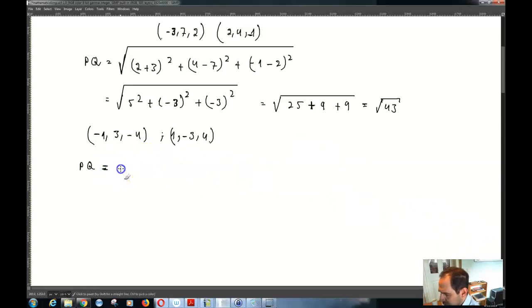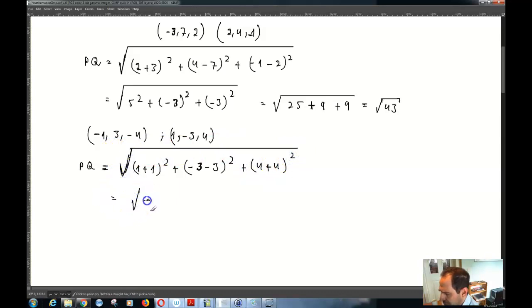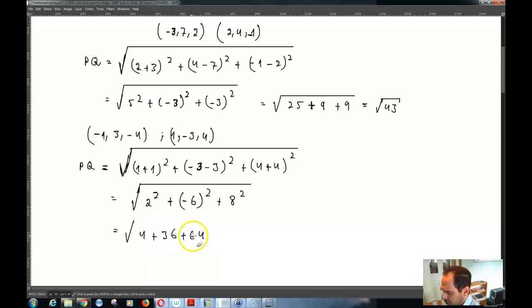Okay, so let's say that you have the square root of (1 plus 1) squared plus (negative 3 minus 3) squared plus 4 squared, which is equal to the square root of 2 squared plus negative 6 squared plus 8 squared, which is equal to the square root of 4 plus 36 plus 64, and that is the square root of 104.